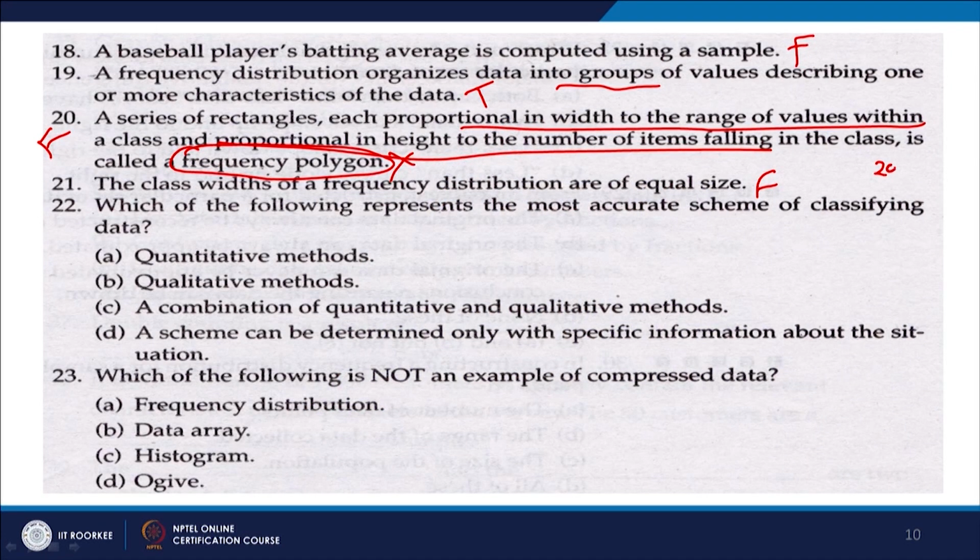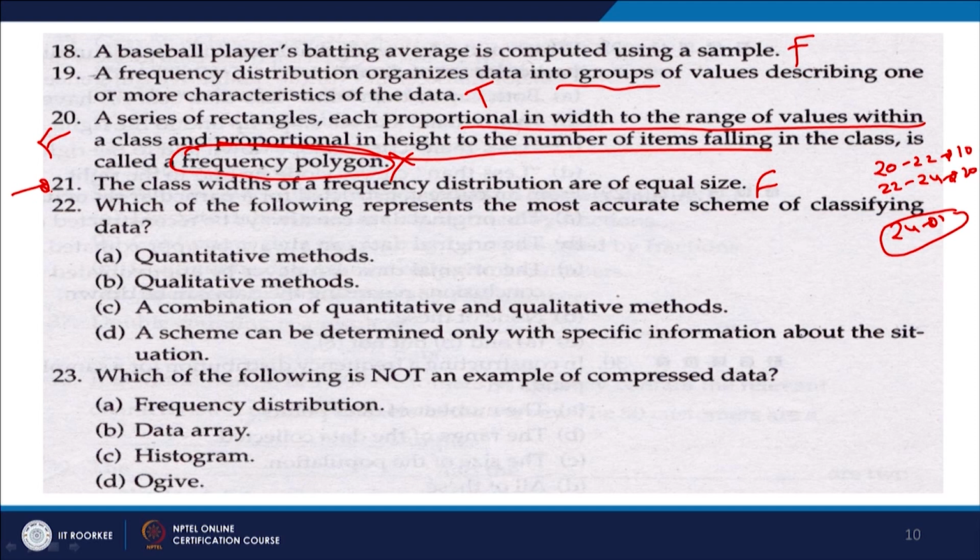Students between 20 and 22, let us say there are 10 such students; 22 to 24, you have let us say 20; and then 24 and above. So, this is your open ended class, right. So, this statement is false.